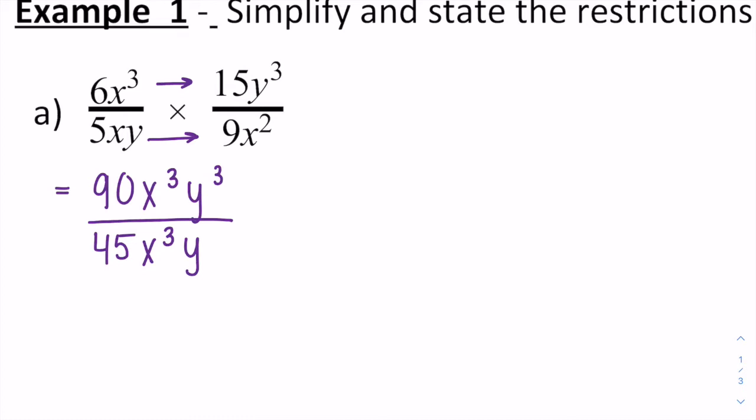So now I'm going to take a moment to look at my restrictions. If I look at the bottom, I can't have that equaling 0. And that could happen when my x is 0 or when my y is 0. So those two things cannot happen because we can't have a 0 on the bottom of our fraction. Now let's simplify.